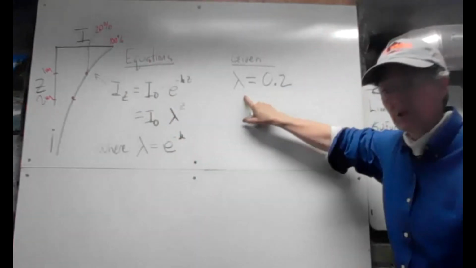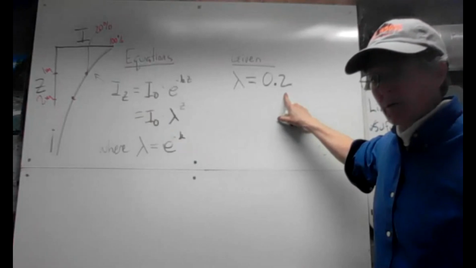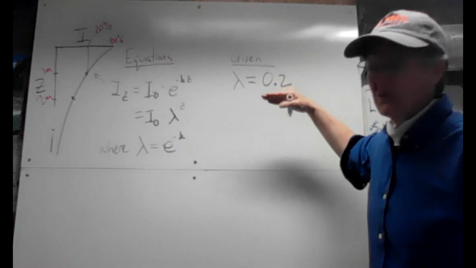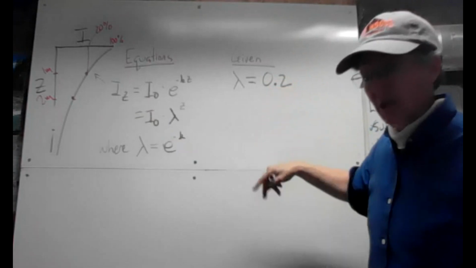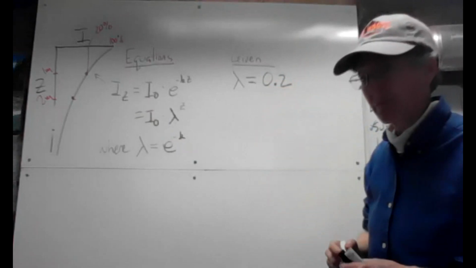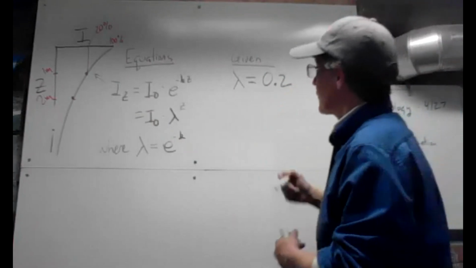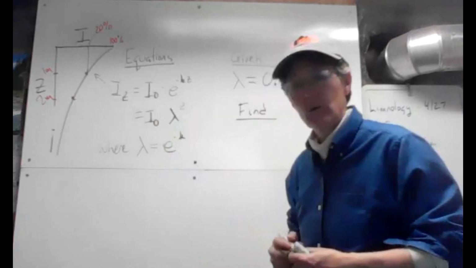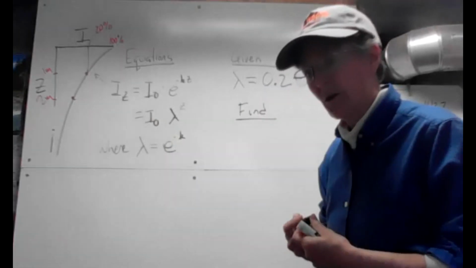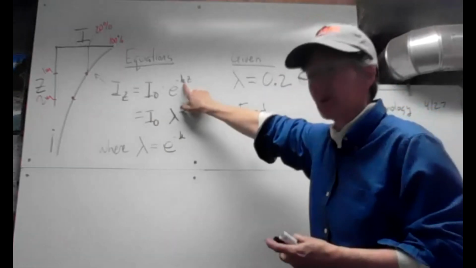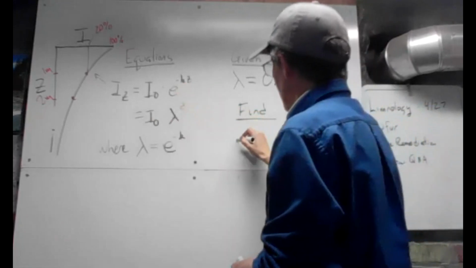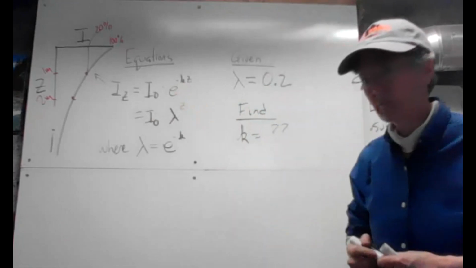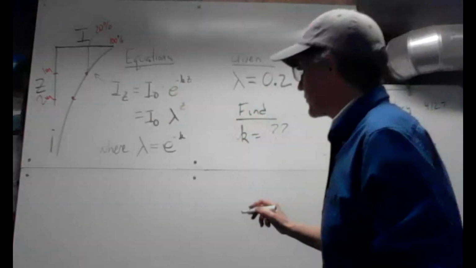Anyways, lambda is 0.2. You take however much light enters the meter of water, multiply it by 0.2, and that's how much light comes out the bottom of that meter of water. So we're trying to find the coefficient of extinction, and that's the name that's given to k. So we're asked to find k. Well, what's the solution?